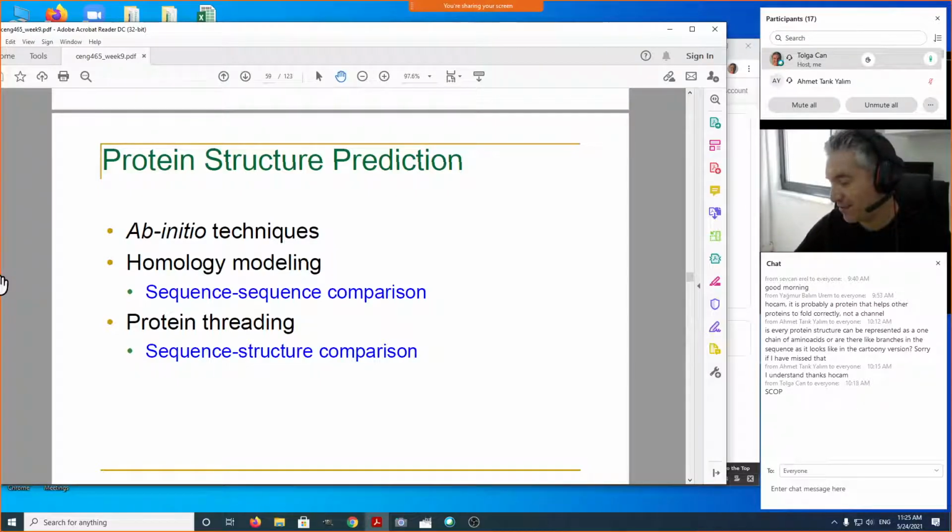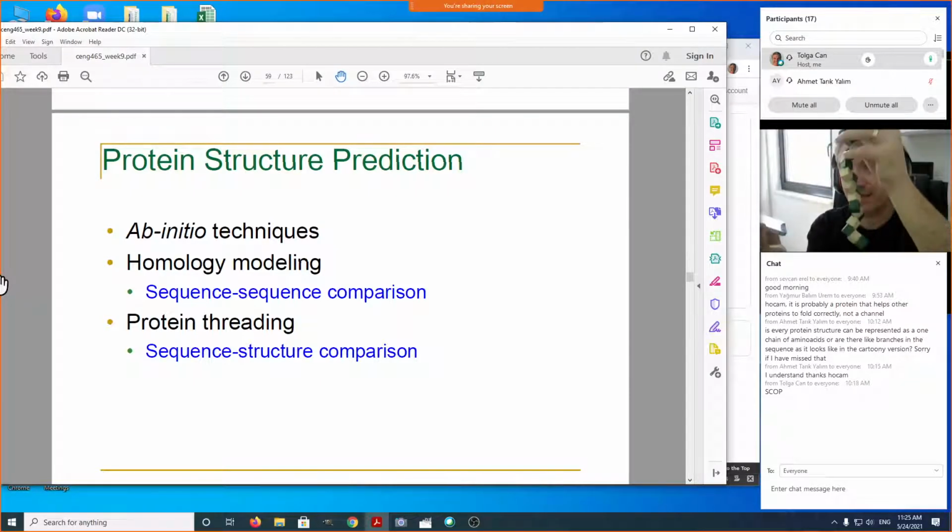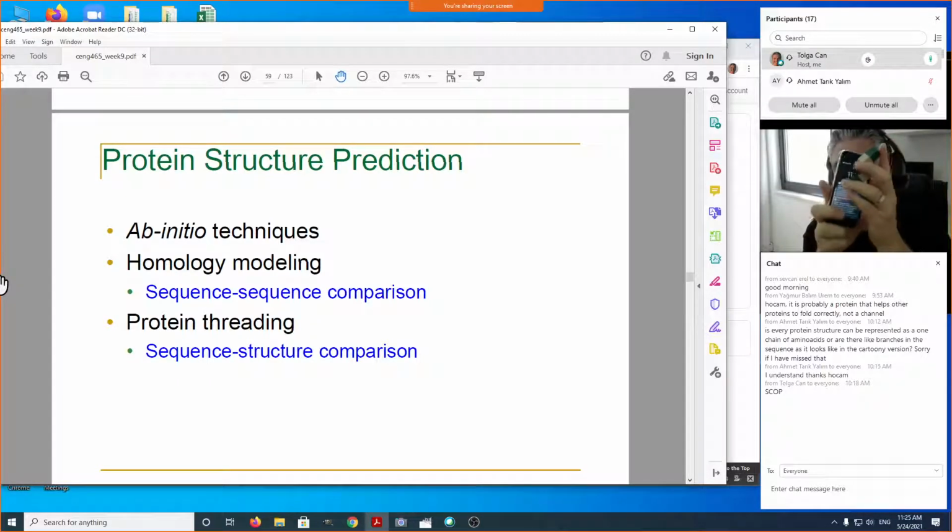So the protein threading proceeds like this. Threading basically tries to thread this sequence on top of an existing shape. Okay, it tries to align a sequence against the structure.